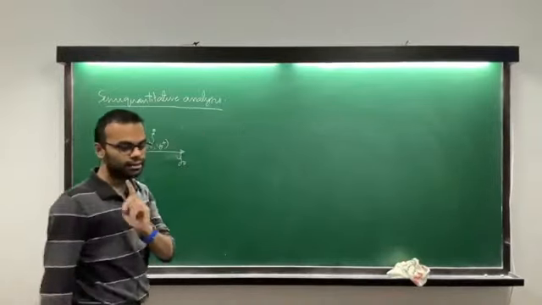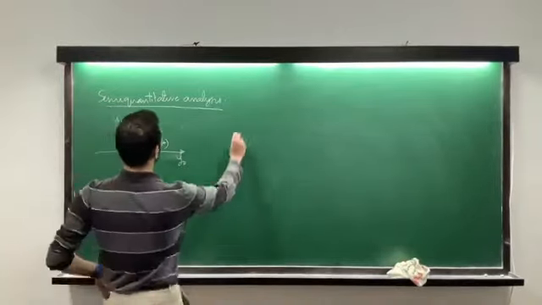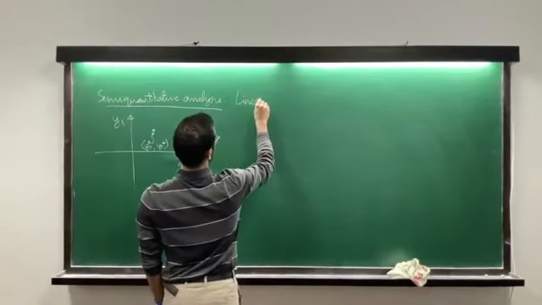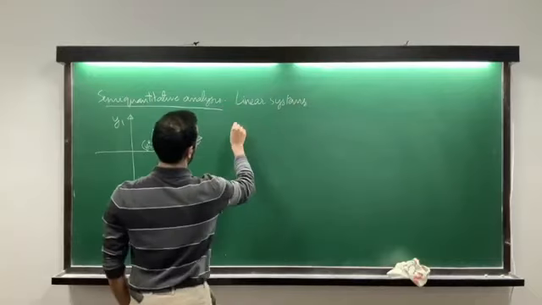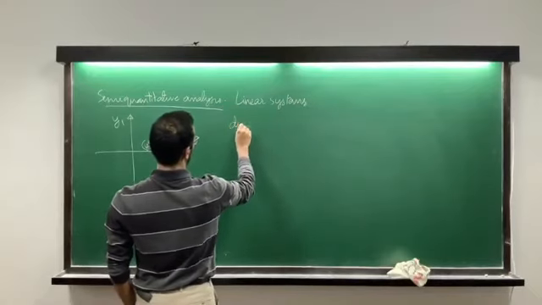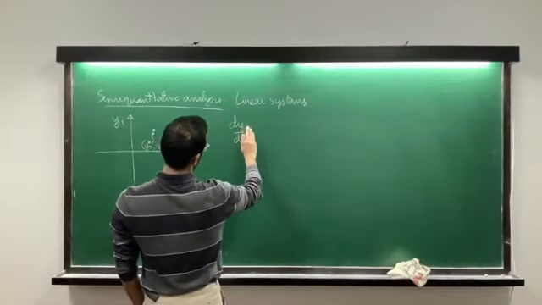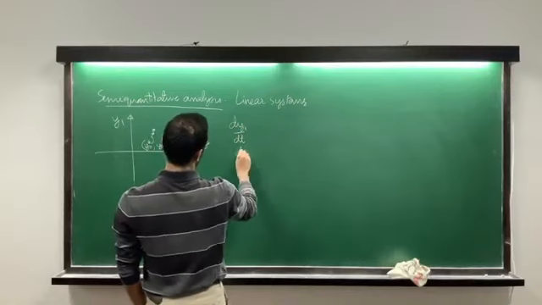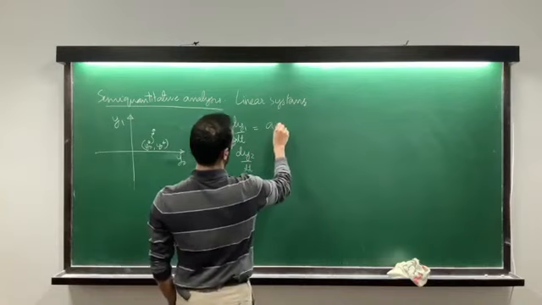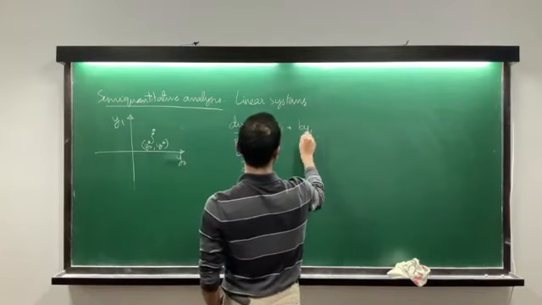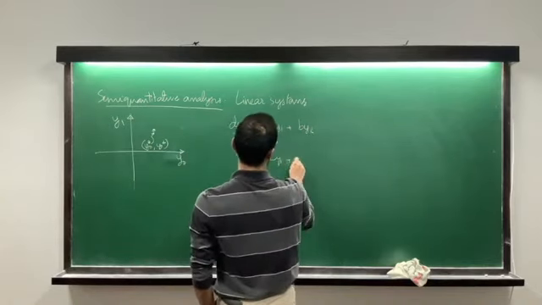First step, we'll simply look at linear systems, and by linear systems we mean something that looks like this: dy0 by dt. I'll just use y1 and y2 from now on, just so that it makes things easier. So this is ay1 plus by2, cy1 plus dy2.